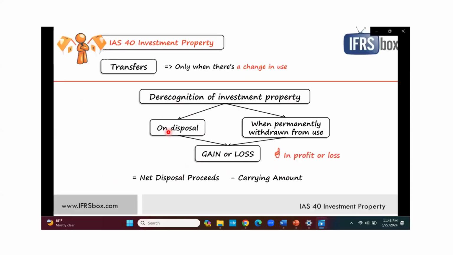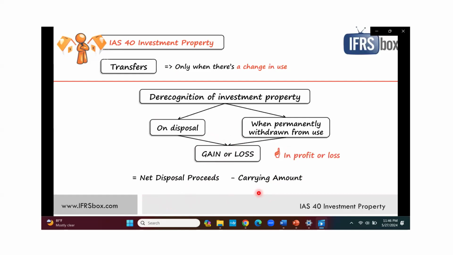Whenever there is disposal, you have to derecognize it, right? Derecognize it by subtracting the value of the investment property you are disposing, subtract the carrying value from your investment property amount, and then determine the profit or loss on disposal. If there is any profit or loss on disposal, you should go to the profit and loss account. And how do you get your profit or loss on disposal? Net disposal proceeds minus carrying amount.